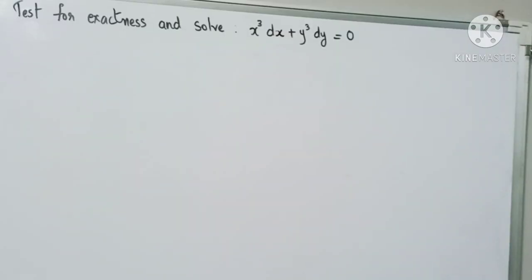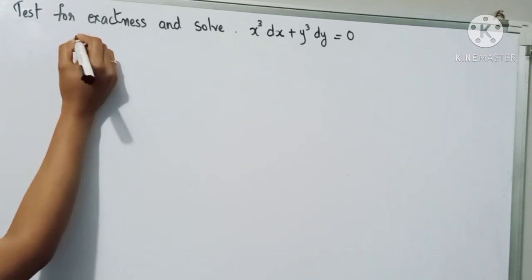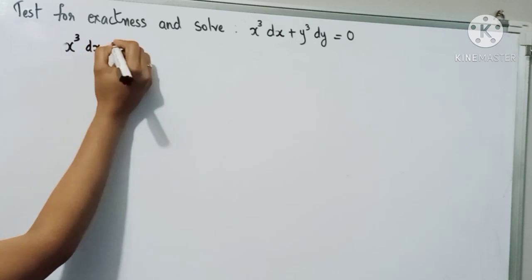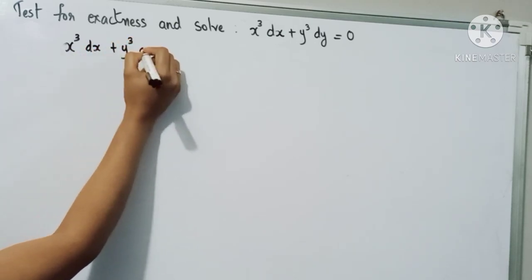Fifth question: test for exactness and solve x³ dx + y³ dy = 0. First we want to find out whether it is exact. For checking, we find ∂M/∂y and ∂N/∂x. If they are equal, then the given differential equation is exact.